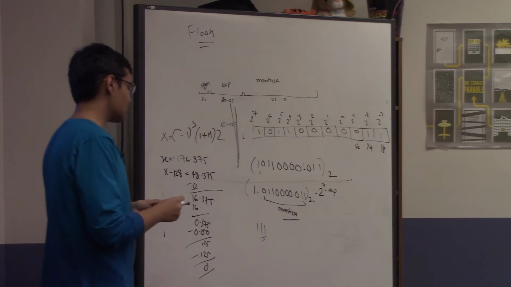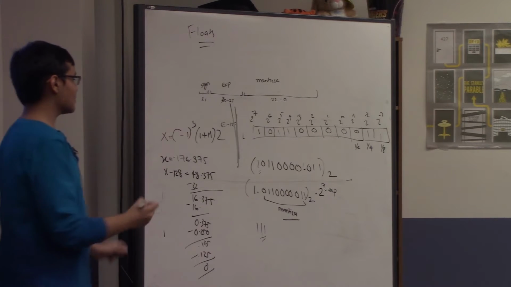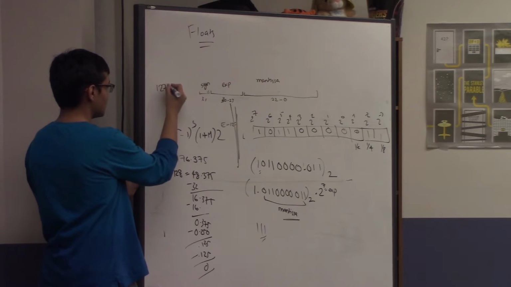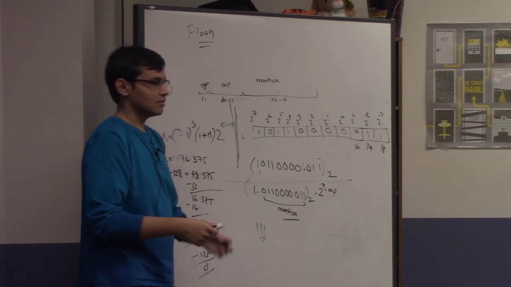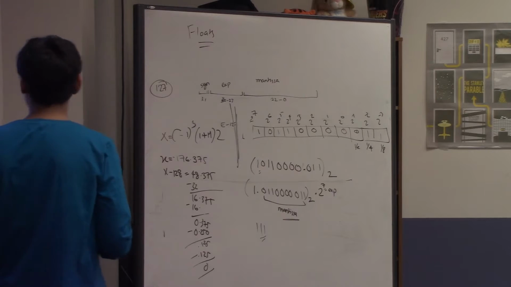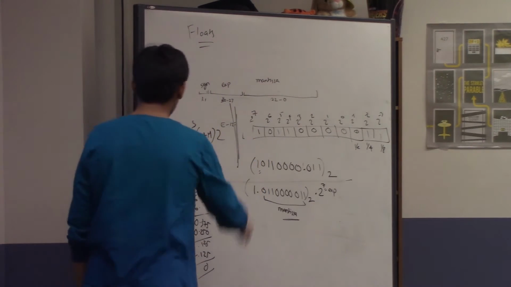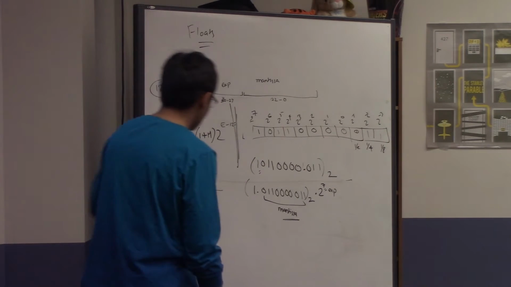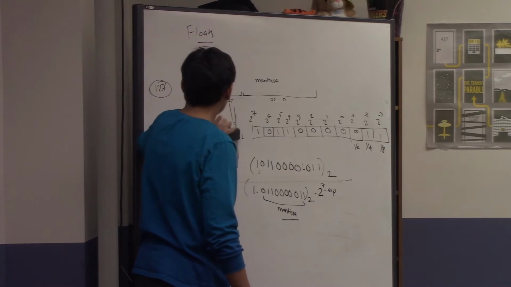So in order for them to allow negative exponents, they add something called a bias. In this case, the bias is 127. It's just 2 raised to the 7th power minus 1. That's all they do. So instead of writing 7, now that we have this, to represent in binary, let me get rid of this right here.